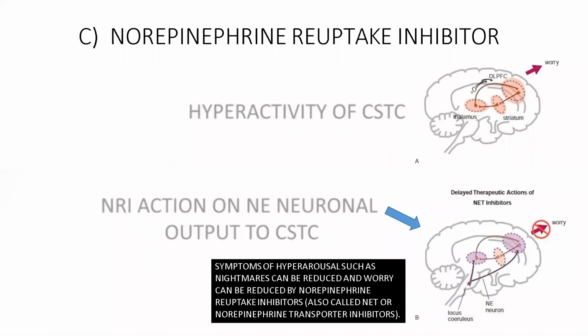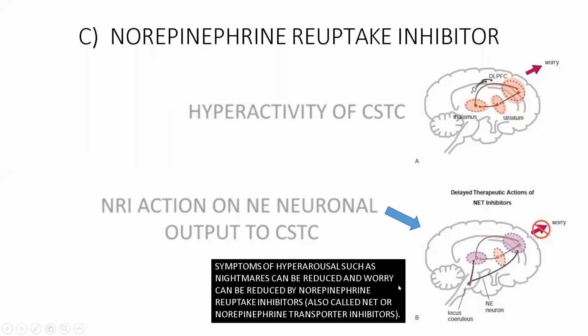The third kind of drugs used is norepinephrine reuptake inhibitors, and also selective serotonin norepinephrine reuptake inhibitors, which mainly block norepinephrine. As you know, norepinephrine is also involved here. In the measures, you can see hyperactivity of CSTS, which usually causes more worry. So the norepinephrine action on neuronal output will block the formation of the worry.